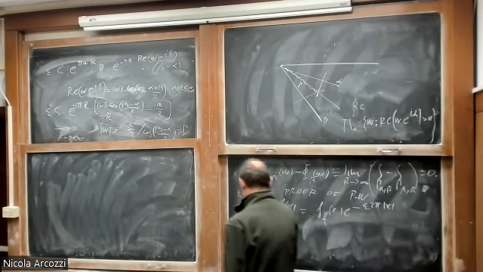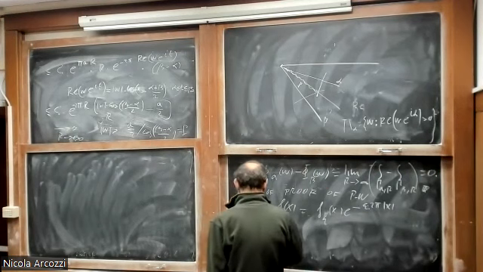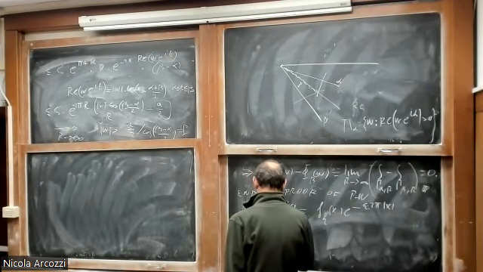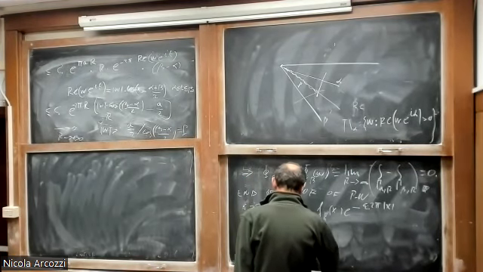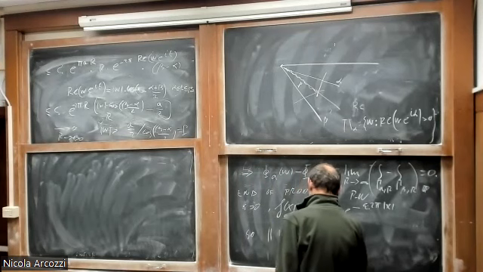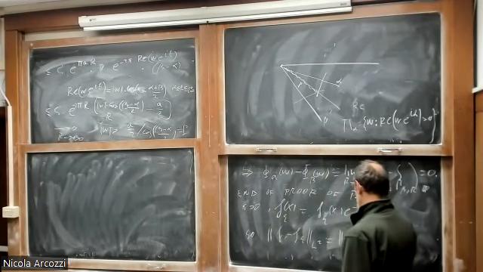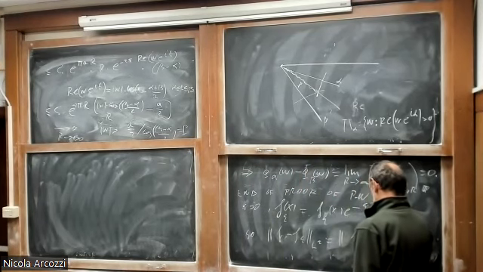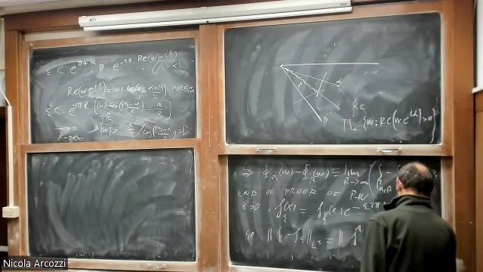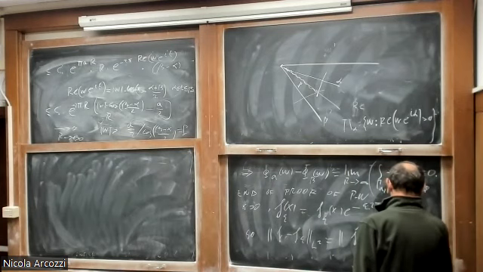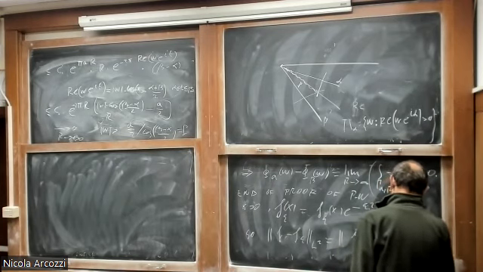So that when you consider the limit of f epsilon in L2, it is the same as the limit of f in L2, which goes to 0 as epsilon goes to 0.